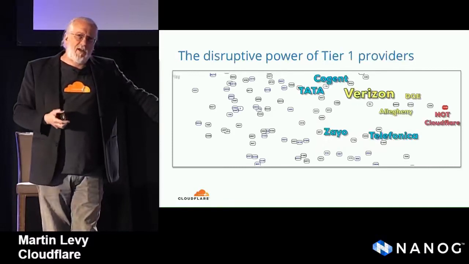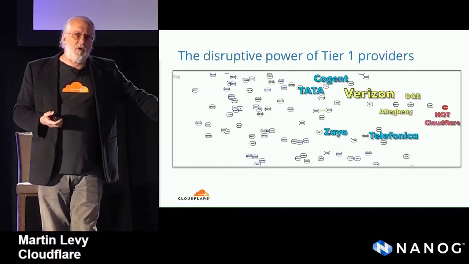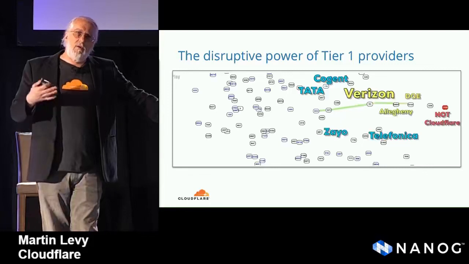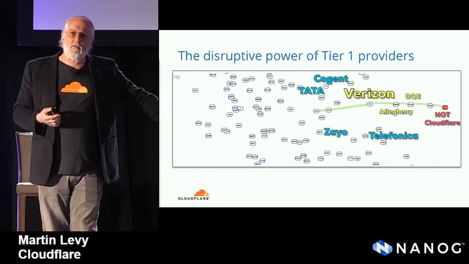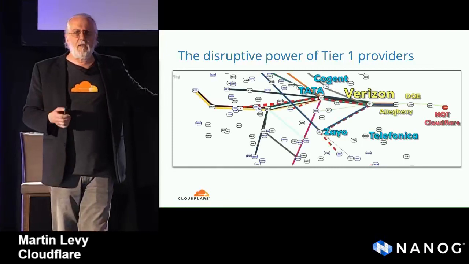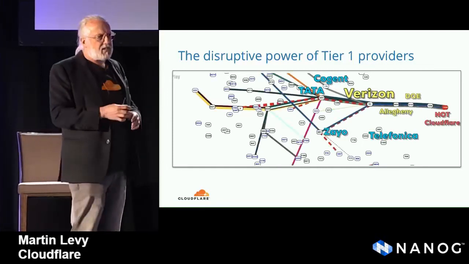But what was more interesting was where we were seeing it from. And so this is the RIPEstat BGPlay tool. It can generate a very nice picture.